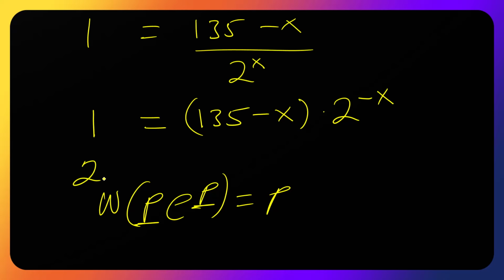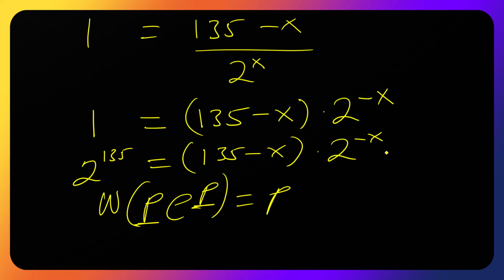So 2 to the power 135 times 1 equals 135 minus x, 2 to the power minus x times 2 to the power 135.